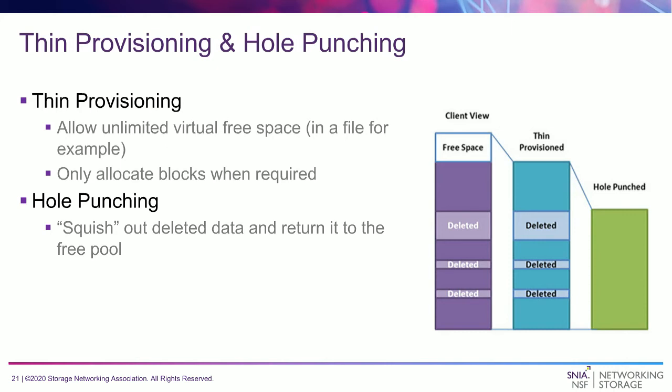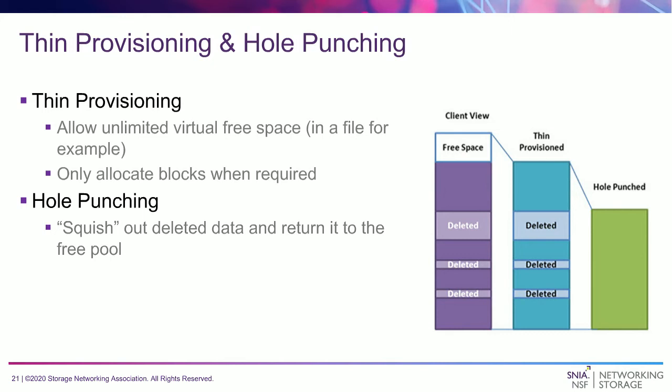The other corresponding part of thin provisioning is hole punching, where if I delete parts, this particularly applies to things like block-based objects and also file systems like NFS, where you can punch a hole in a data set or a file. You can return that space to the free space pool, and you can actually hole punch these things out.